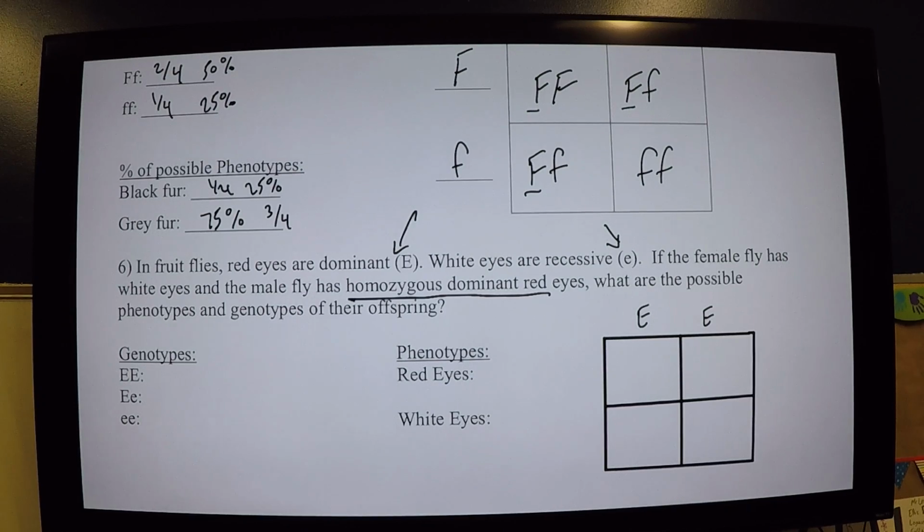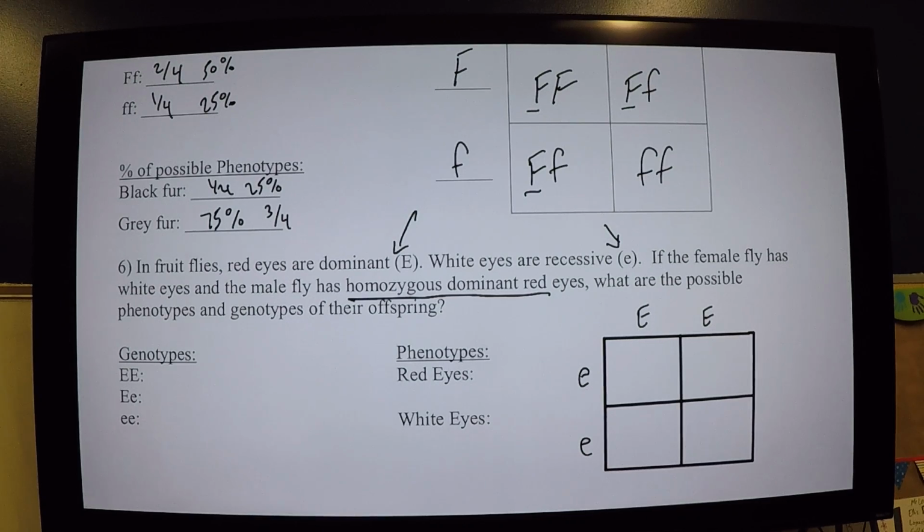Anytime you have a recessive phenotype, you have to have a recessive genotype, which means that she's going to have little e. If there was a big E involved in either one of these, she wouldn't have the recessive phenotype. And so you're going to have both little letters here to get that white-eyed appearance.